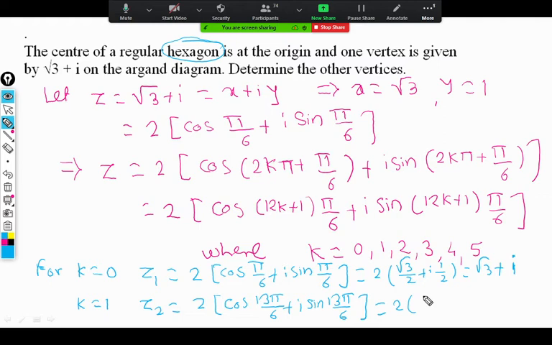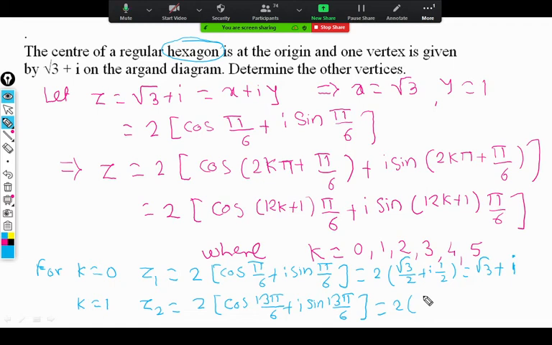It should not happen actually. We generally get all distinct roots. Can we check that 13 pi by 6 is 2 pi plus pi by 6? Yes, that is correct. Then is there anywhere we made a mistake?